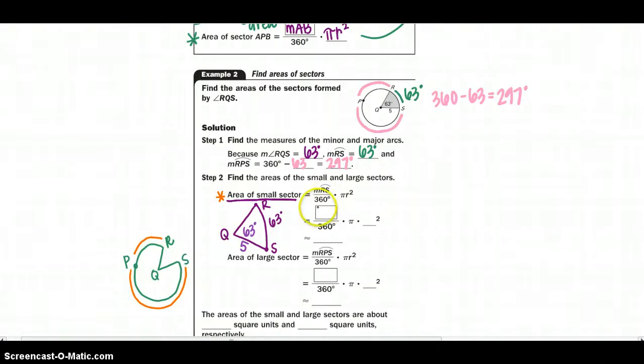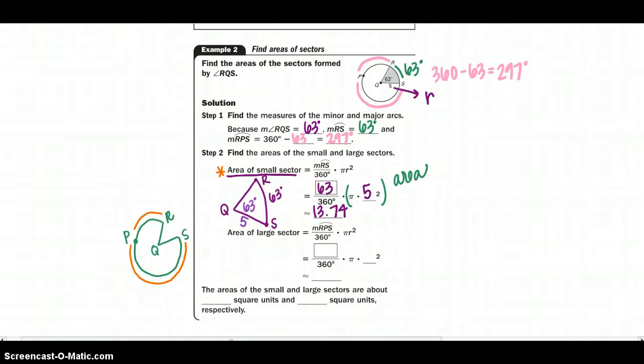So my arc, we said, was 63 over 360 times pi, and my radius they give us is 5 squared. So I can do that in my calculator, and I would approximately get 13.74. And remember that this part is your area all the time.